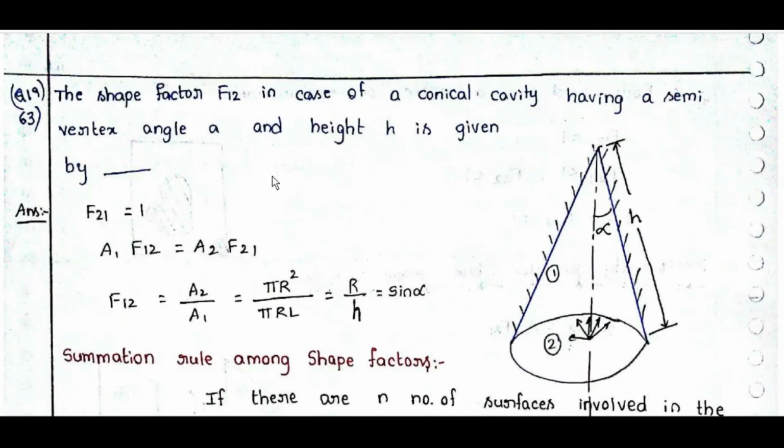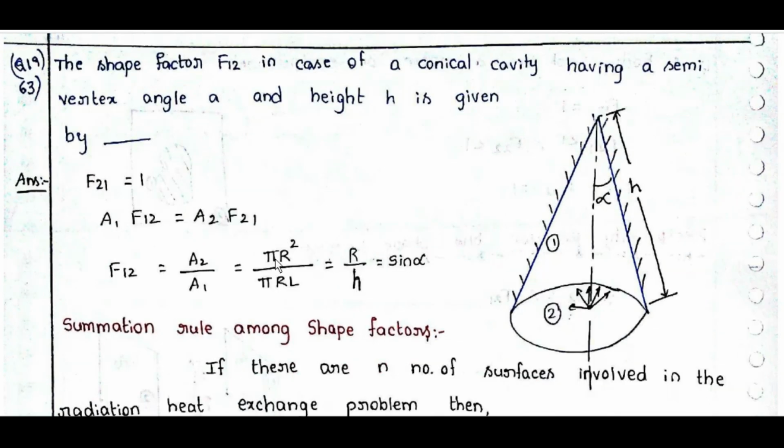Shape factor in the case of a conical cavity having a semi-vertex angle alpha and height h is given by this: this is 1 and this is 2, with angle alpha. F12 is equal to what? F21 is equal to 1.